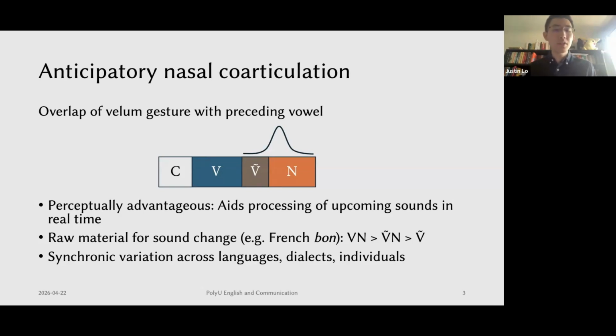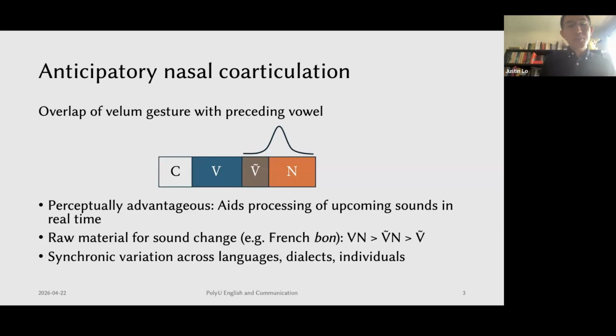It's carried in the signal, and that helps the listener to process and predict what kind of sounds might be coming up. So if I just say "ba" without the following consonant, you can get some clues from the vowel itself about whether the following consonant is likely an N, as in "ban", or maybe an oral consonant like the T in "bat". So that helps the listeners.